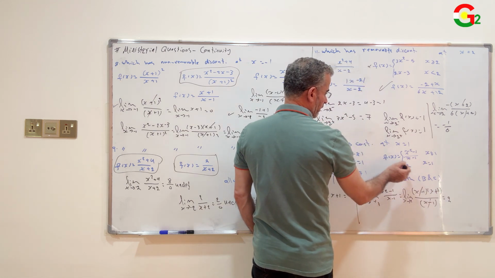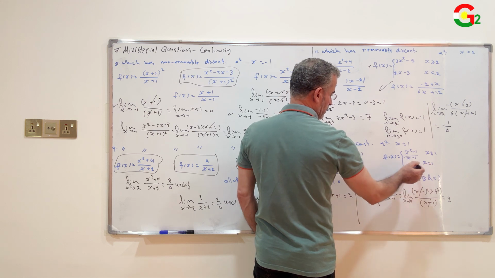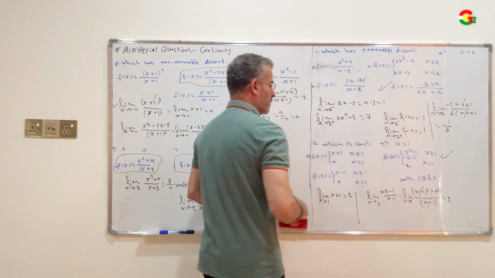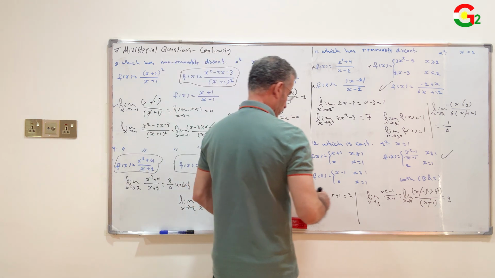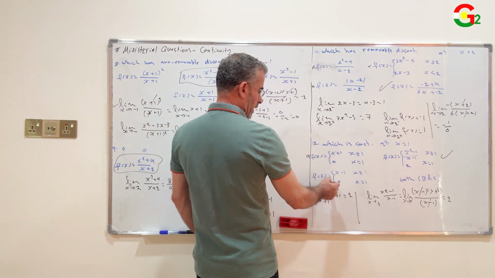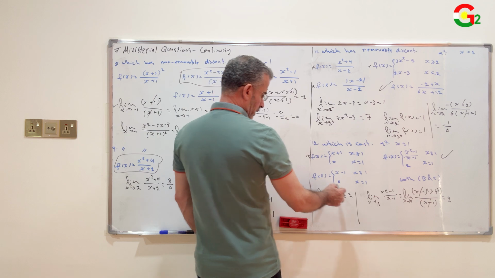And the value of the function when x equals 1 is also 2, then this function is continuous when x equals 1. Let us check the third one.